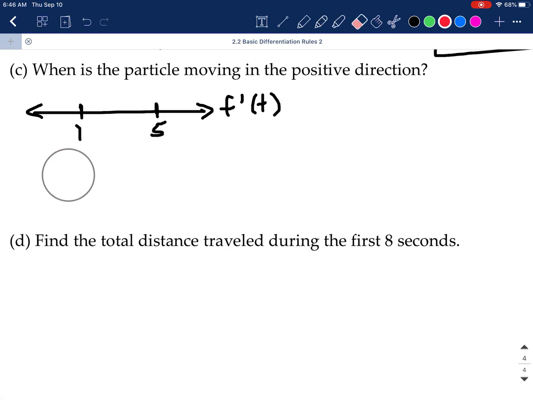So at those moments, they are not moving left or right, which means that before 1, it's either going to be moving to the left or to the right. Between 1 and 5, it's going to be moving to the left or to the right. And after 5, it's going to be moving to the left or to the right.